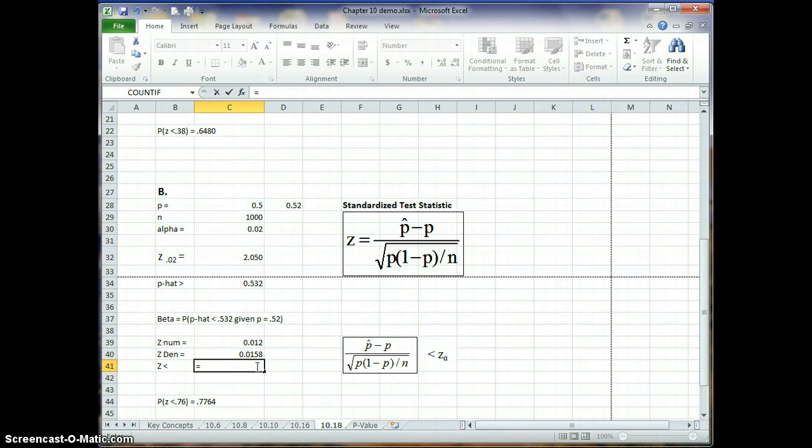Now we just take the numerator divided by the denominator, and that gives us, in this case, 0.79.